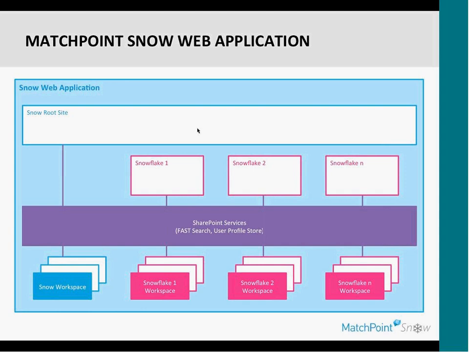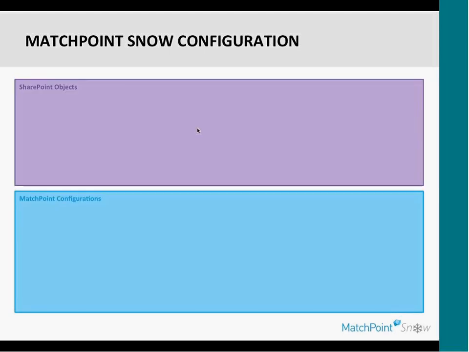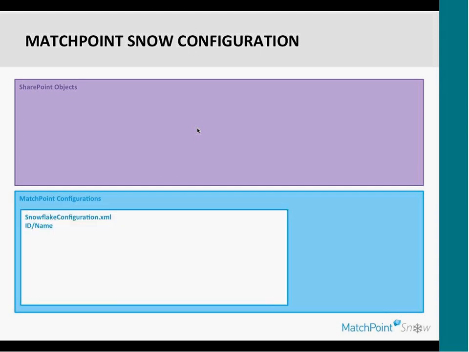And now if we take one more step closer to how Snow works, I would like to show you the MatchPoint Snow configuration mechanism. On this chart, we try to separate this into SharePoint objects and the configurations used within MatchPoint Snow. The important configuration file here is the Snowflake configuration file. As I mentioned before, MatchPoint Snow itself uses that exact same mechanism.